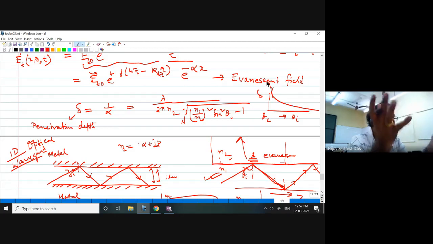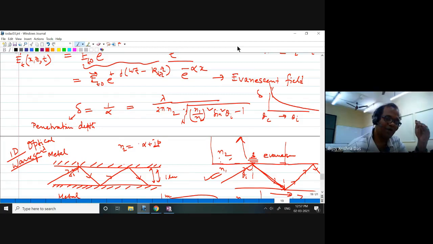The field will be there in the second medium. And whatever Snell's law you are getting, in the transverse direction and longitudinal direction, the field is there, but the second medium is also existing.